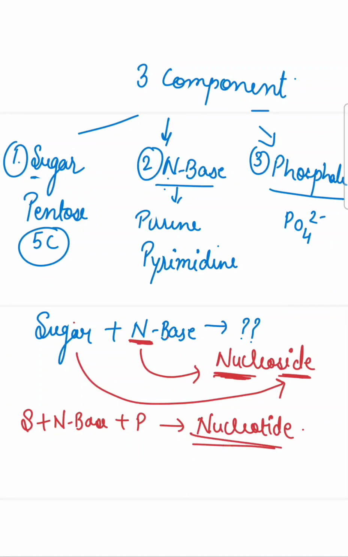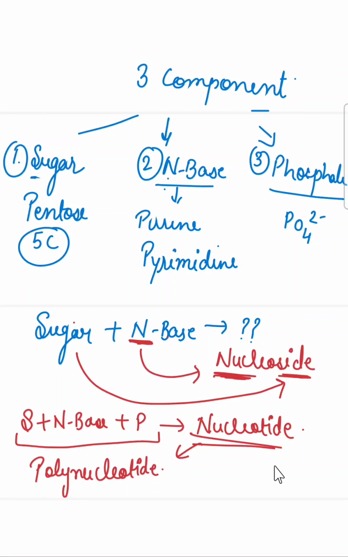Remember the word nucleotide? From these three units, when they repeatedly join together, in a countless number you can say, we form the polynucleotide, that is our basic DNA structure.